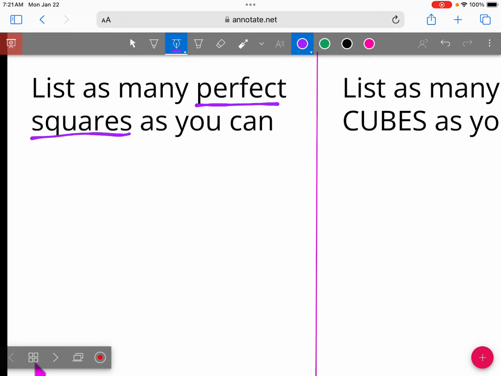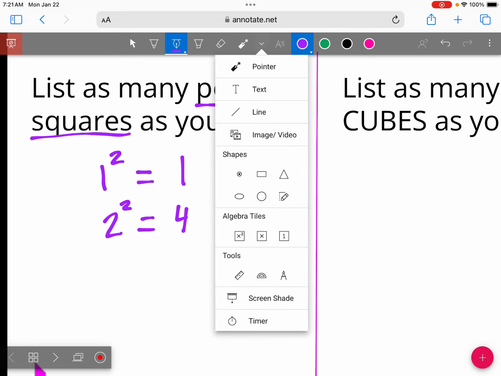What are perfect squares? Where you can square root a number and you get a whole number. So perfect square, like 1 squared is 1. 2 squared, 4.